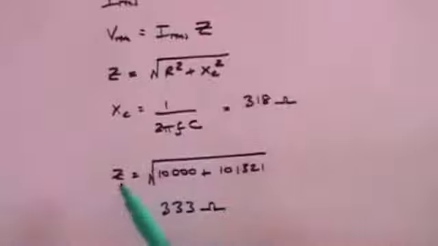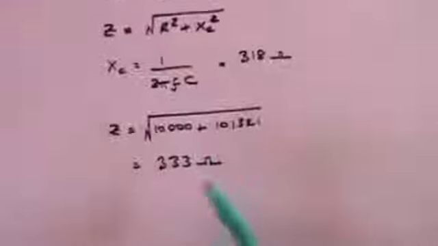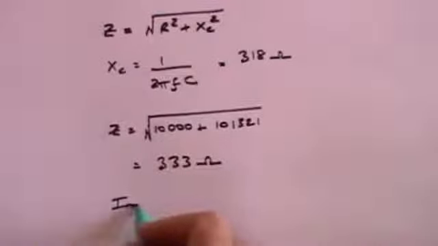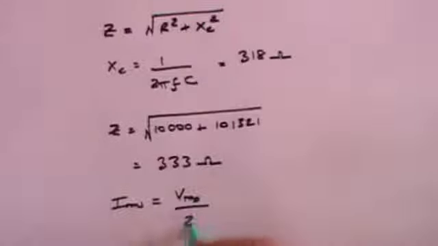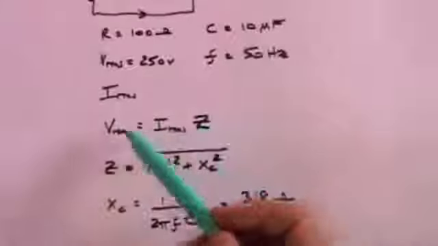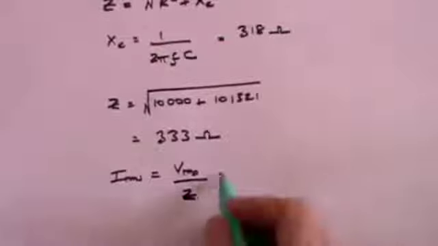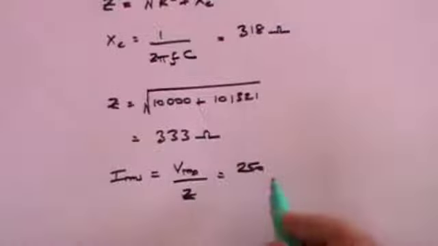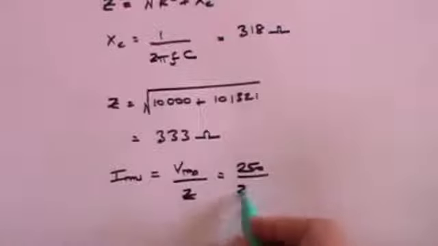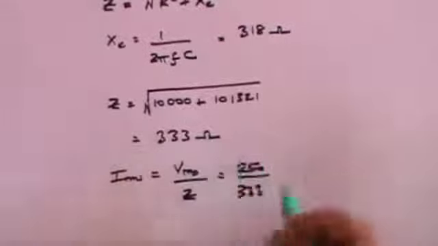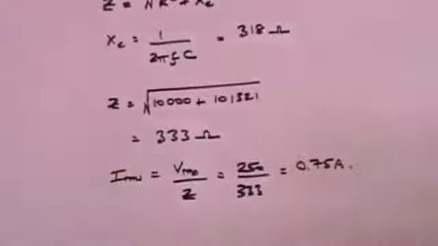So the net impedance of the two devices is 333 ohms, which means that the root mean square of the current, which is what we want, is VRMS divided by Z. This is, of course, simply Ohm's law. I equals V over Z. And that is equal to 250, which is the root mean square voltage, divided by 333, which is the net impedance. And that comes to approximately 0.75 amps, which is what we were asked for.